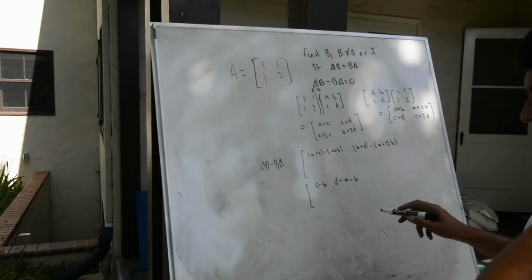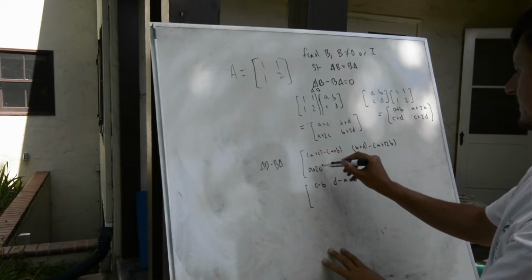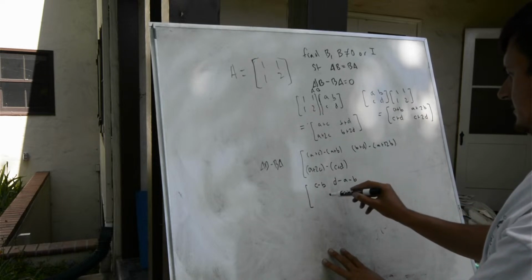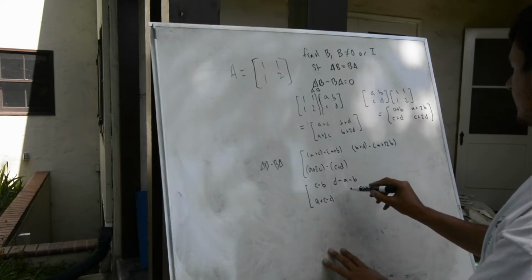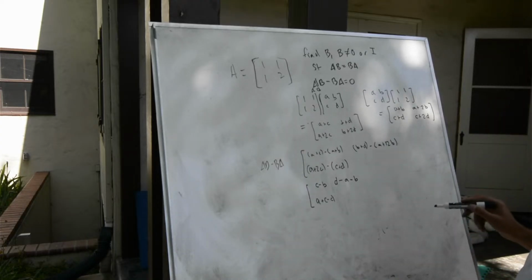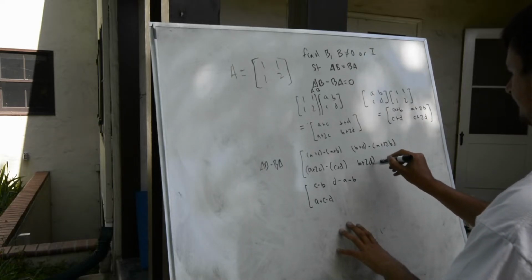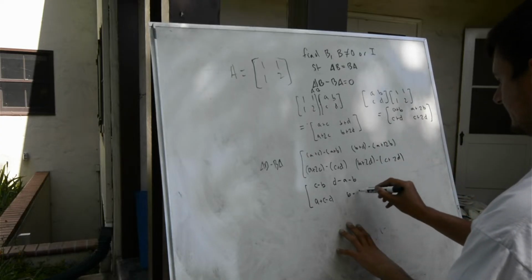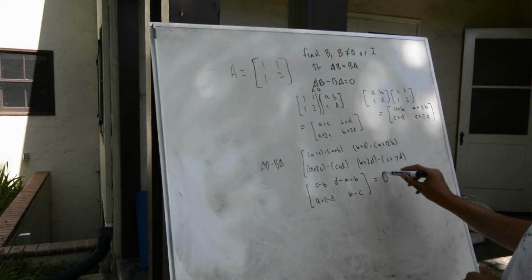Okay, so let's just keep going. So we get A plus 2C minus C plus D, so we're going to get A plus C minus D. And then here we're going to get B plus 2D minus C plus 2D. This is going to be equal to B minus C. So this has to be equal to 0.